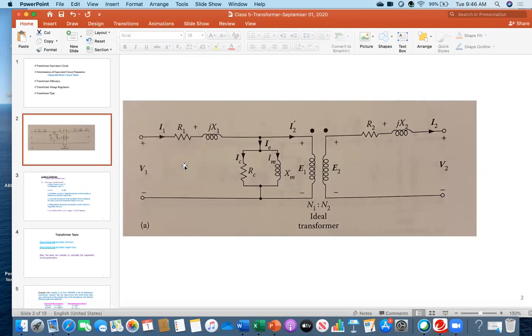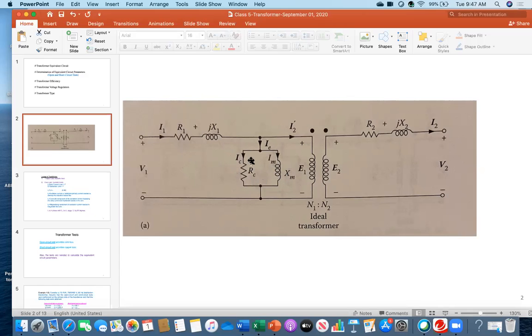Now once flux flows through the magnetic core material, there are some losses inside the core material itself. Those losses are not related to the coil. Therefore, to represent that, here you see the arrangement: an Rc component and in parallel an Xm component.